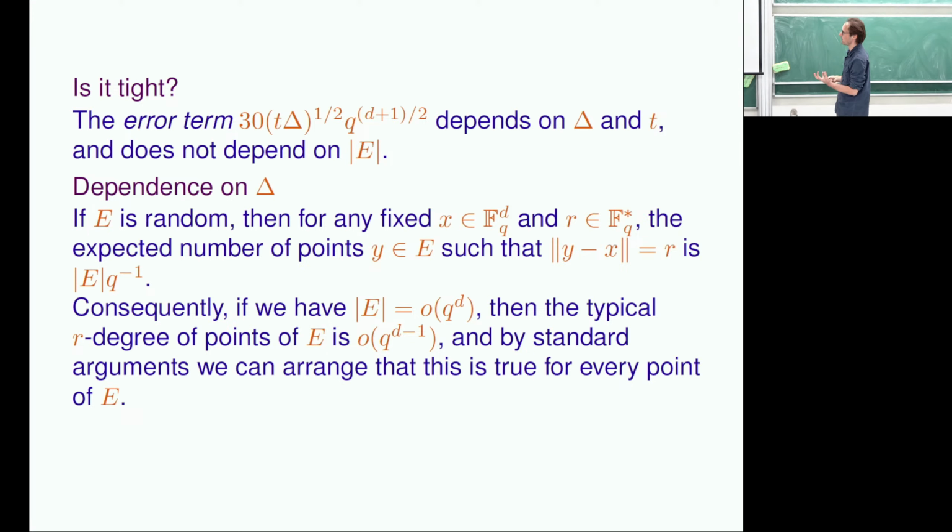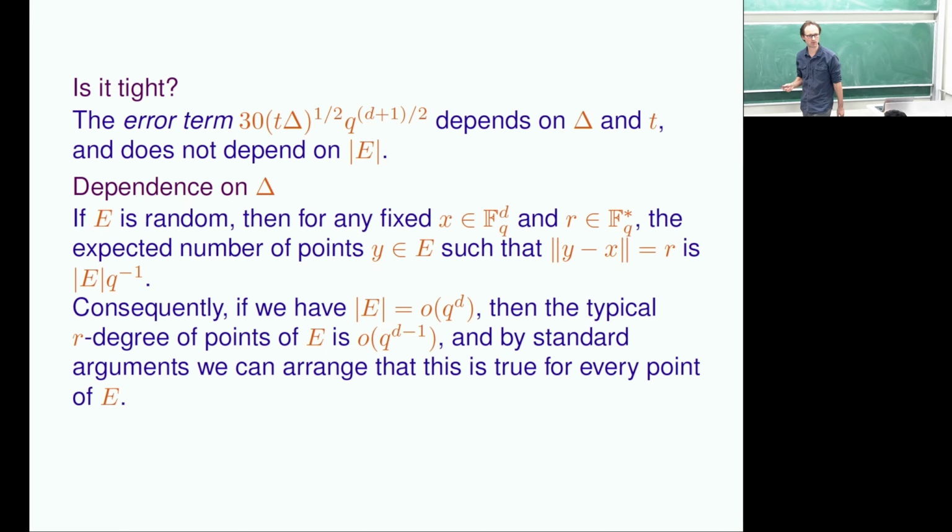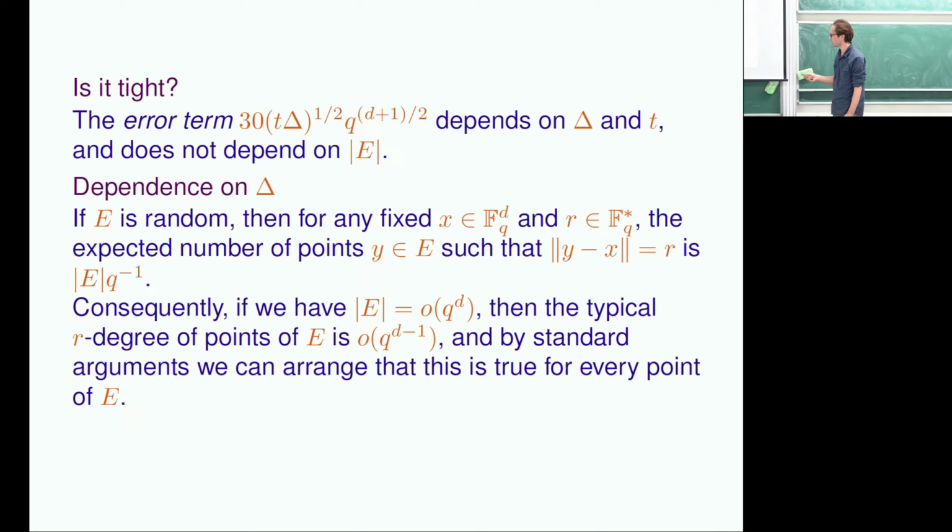So if the size of the set E is small o of q to the d, where q to the d is the total number of points in the space, then the typical r-degree of a point is going to be small o of q to the d minus 1. And we can arrange it so that that's not just true of a typical point, but it's true for every point up to some constant factors.